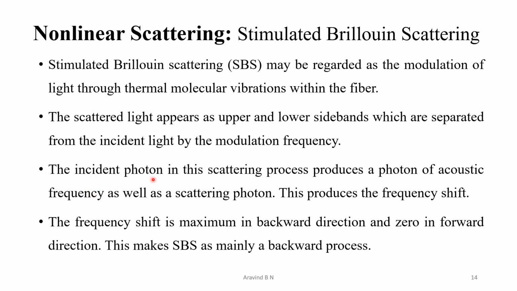The incident photon in this scattering produces a photon of acoustic frequency as well as the scattered photon, so two photons are created. This creates a frequency shift, which is always maximum in the backward direction and zero in the forward direction. Therefore, SBS is also a backward process.